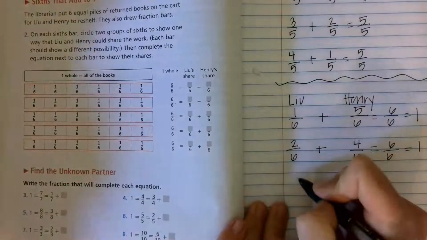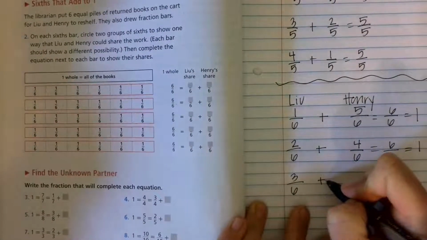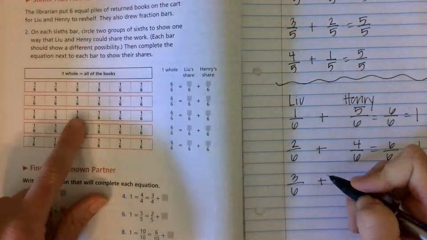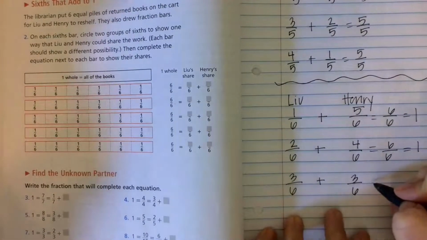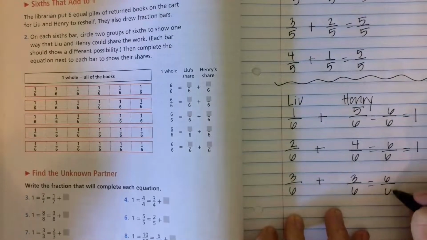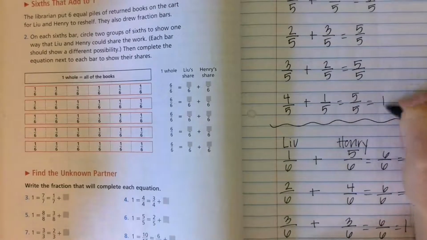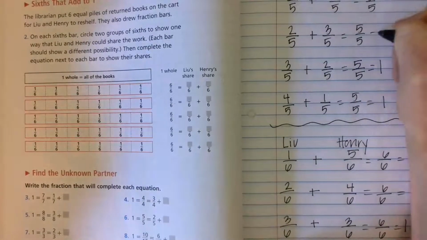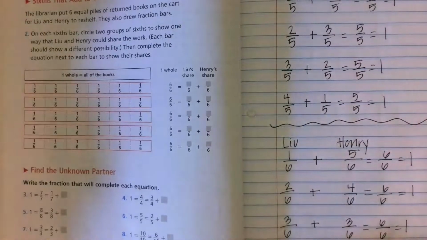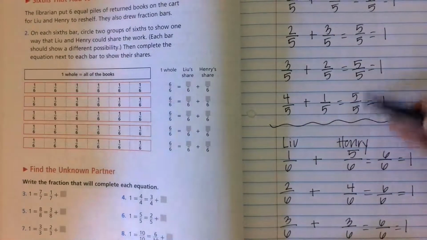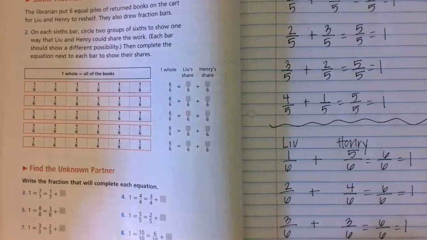Another way they could have done it is 3 over 6. So if we have 3 covered, then that means 3 would be left, so that would actually be equal. And if you want, we could put this over 1, just like that, because when the numerator and the denominator equal the same thing, it means you have one whole.